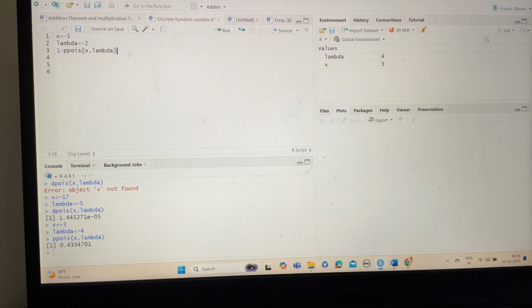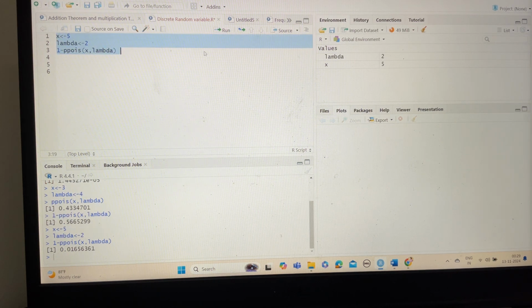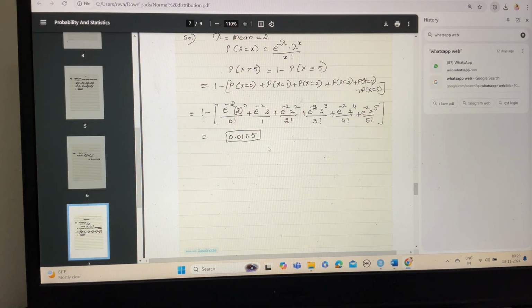But it is greater than 5 that we need, so only x comma lambda we have to use. Let us run this. That gives you 0.016563. What is the answer for this? 0.0165. So this is the way to find out the values.